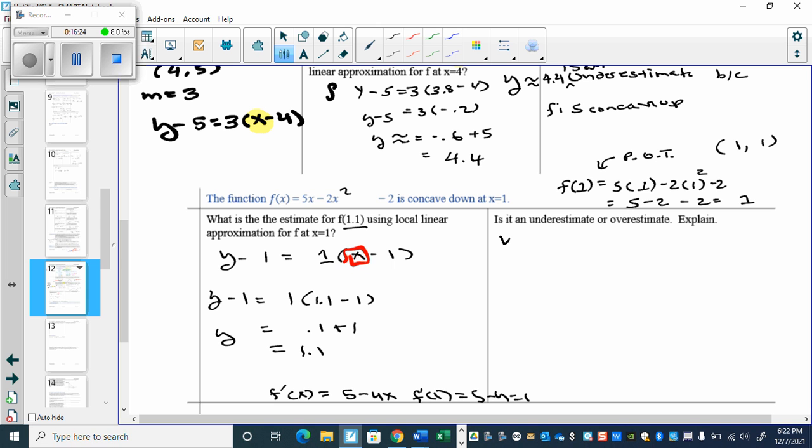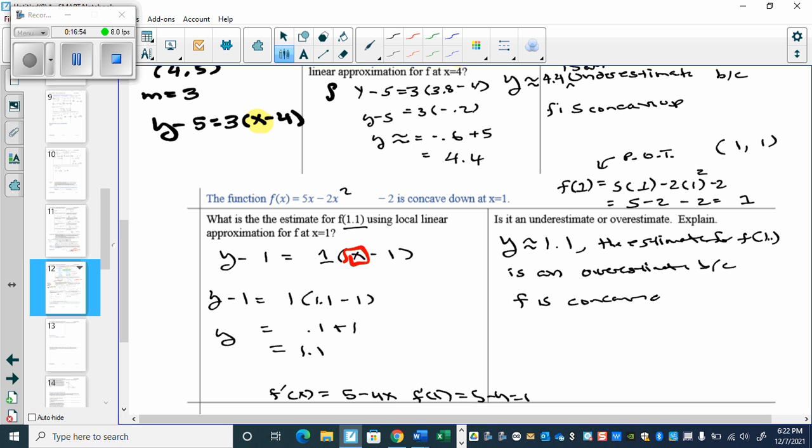So the estimate for f of 1.1 is an overestimate, because f is concave down at x equals 1.